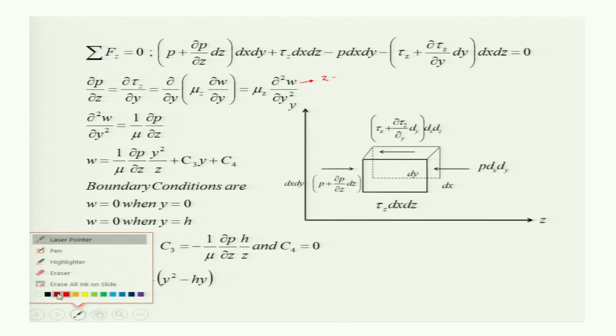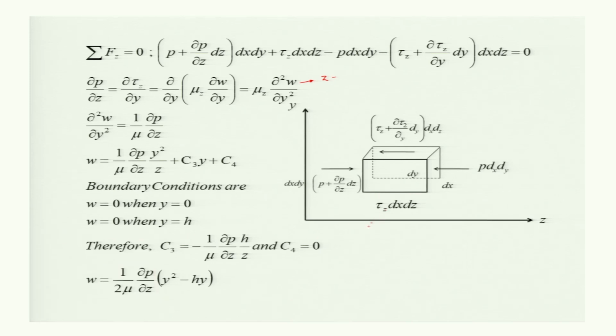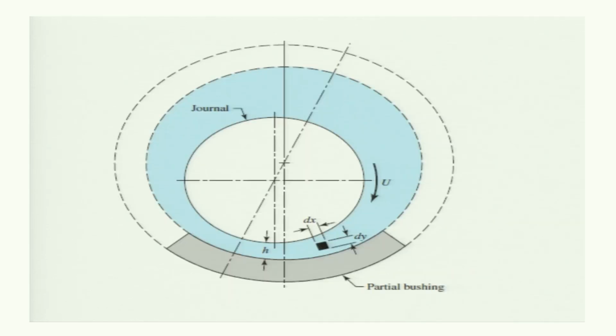Now what are the boundary conditions? For this particular case, in the z direction there is no velocity of the journal along the z direction.